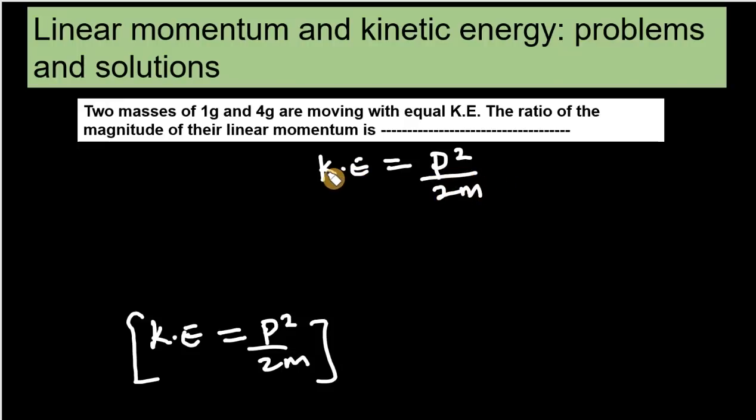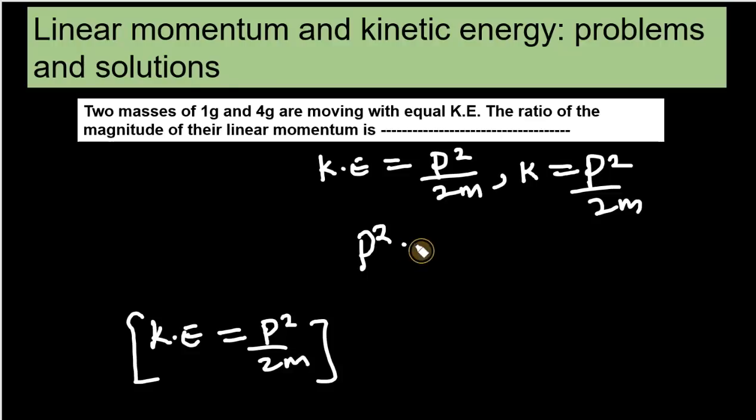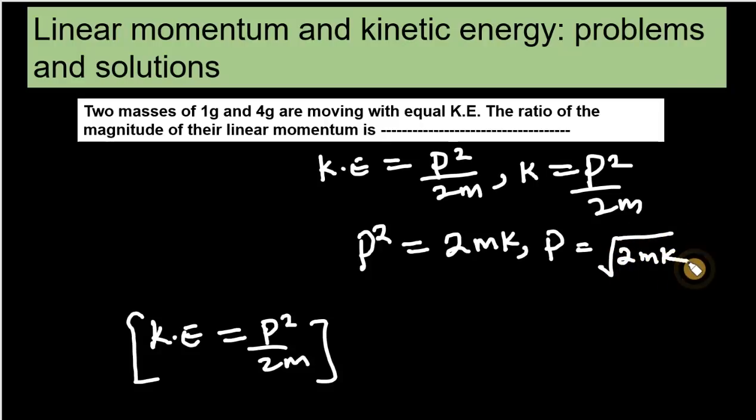If we represent kinetic energy in short form as K, we have K equals P squared upon 2m, such that if we make P squared the subject, we have P squared equals 2mK. Making P the subject, we have P equals the square root of 2mK.